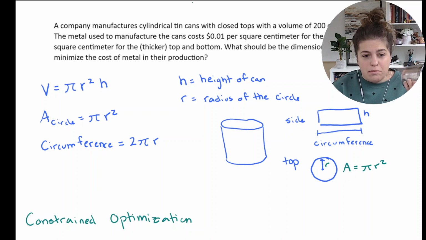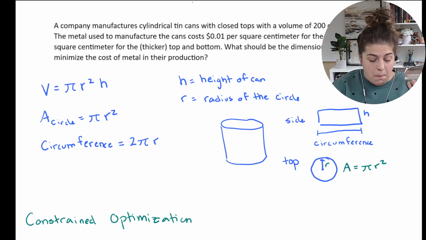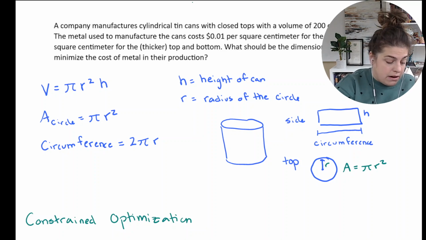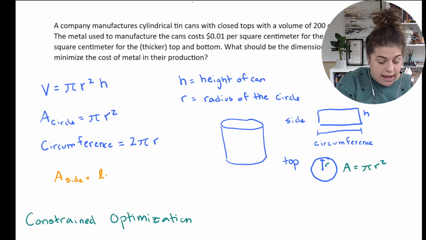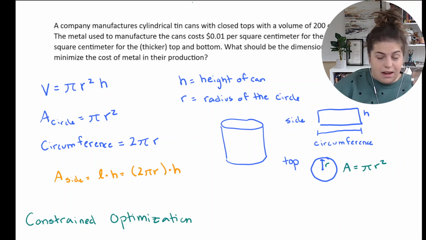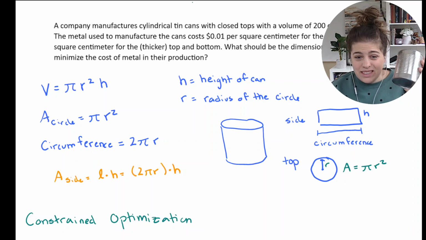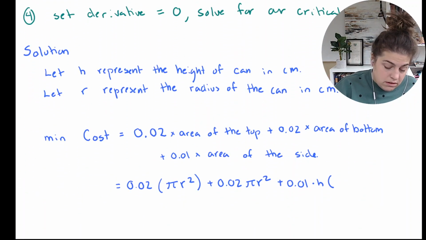Okay. And so our circumference is 2 pi r. And if you want to make a note of that separately, right? That area of the side, length times height, the length is the circumference, and our height is our, well, height.